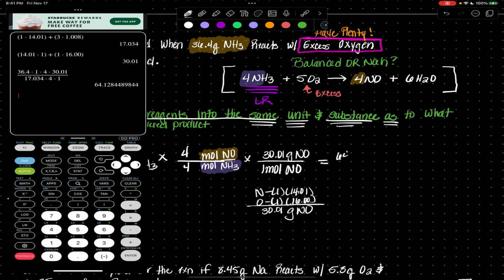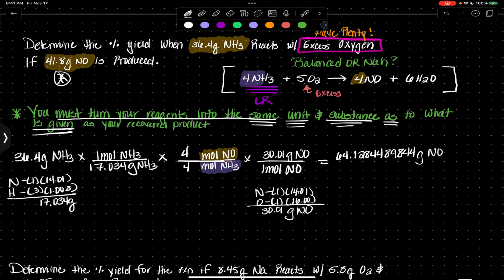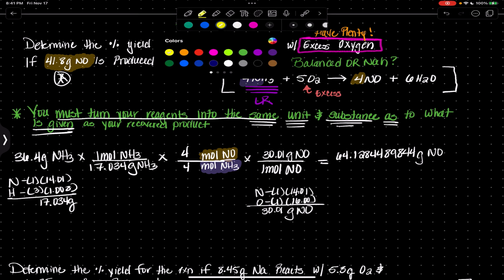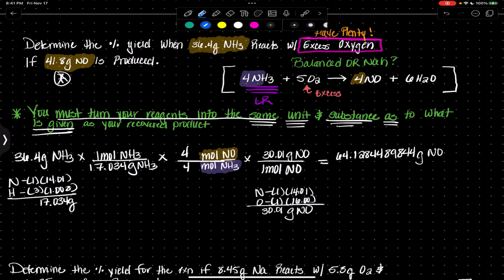And we're going to make 64.1284489.844 grams of nitrous oxide. And how I know it's grams of nitrous oxide is because, through the magic that is stoichiometry, I see that these units nicely cancel, leaving me in grams of nitrous oxide.